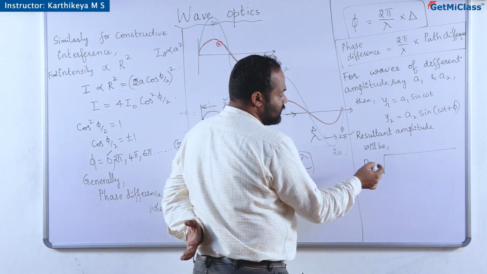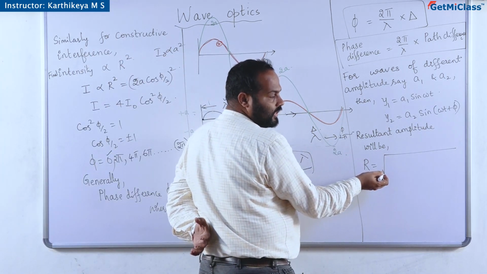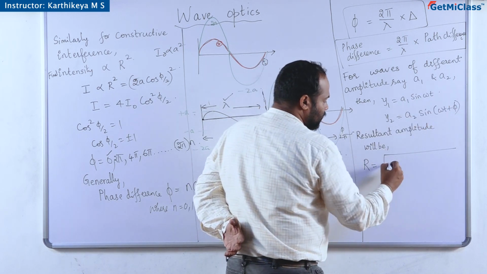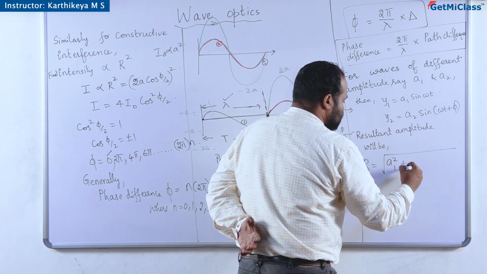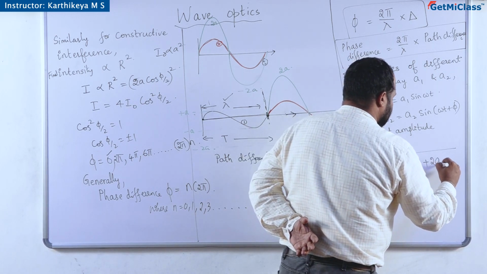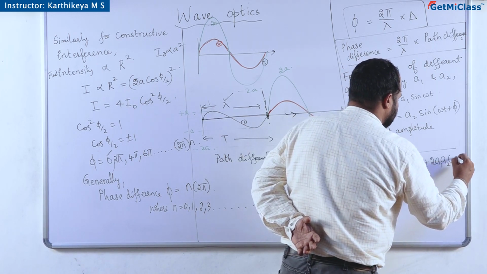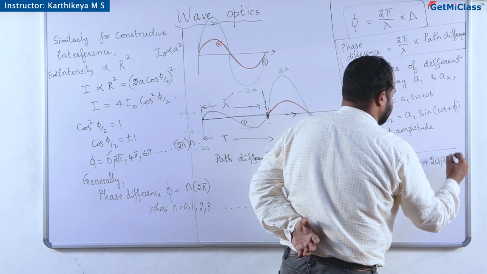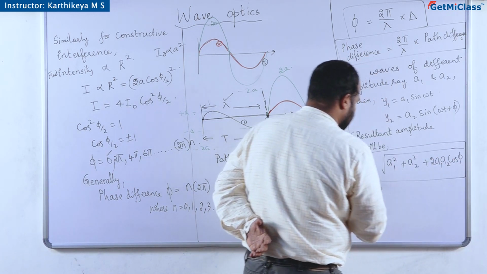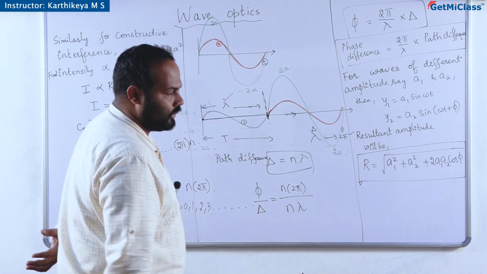Vector sum means you have to use the parallelogram law of vector addition, where the angular difference is phi. So it is A1 squared plus A2 squared plus 2 A1 A2 cos phi, which is the amplitude of the resultant wave.